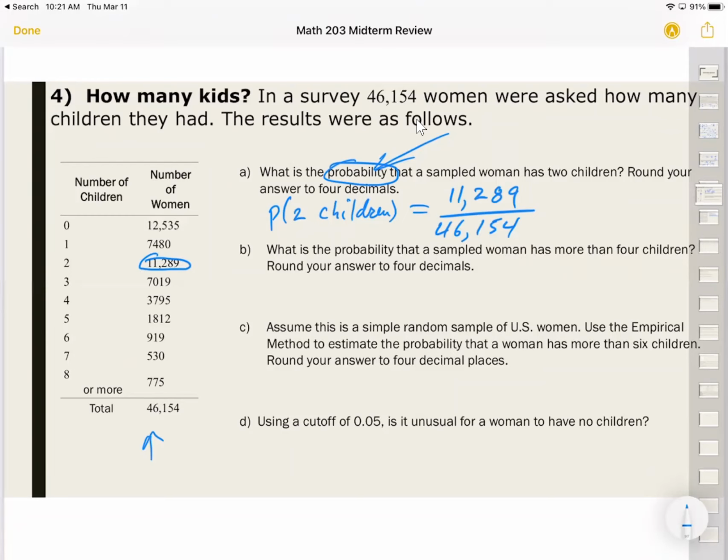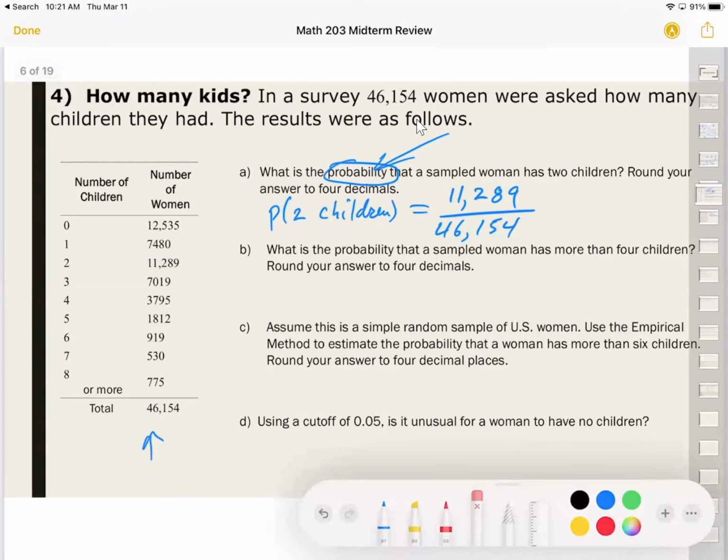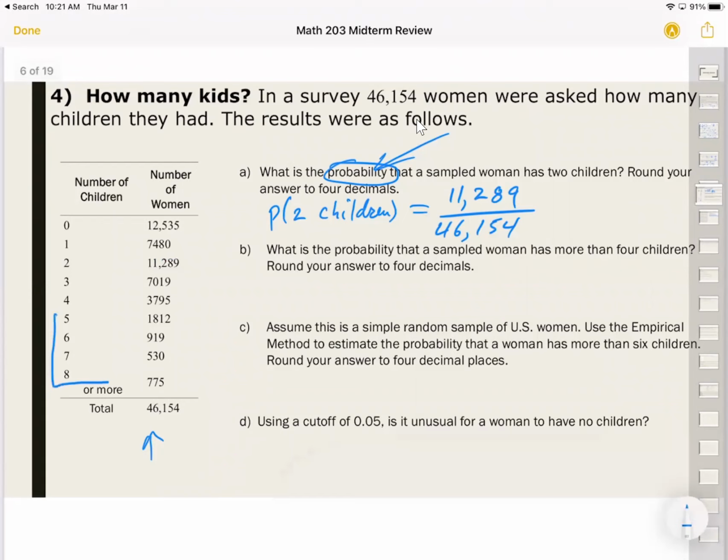What is the probability of the sample woman having more than 4 children? Do you agree that more than 4 children is this group of numbers? That's why they're using that word. Not more than 5, more than 4, meaning 5 children, 6, 7, 8 or more.